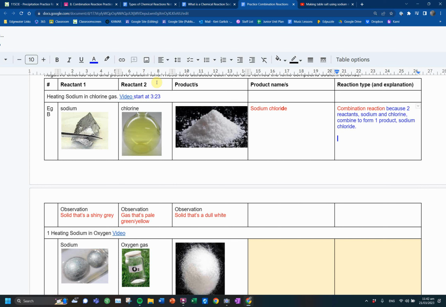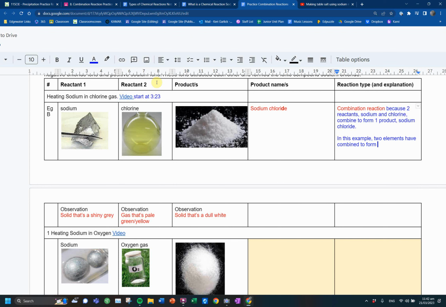Yep. Let's add a little more detail. What are we starting with? Element, compound, or mixture? Element. Yeah, so we have, in this example, two elements have combined to form what? Product.